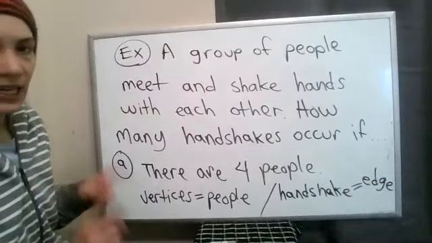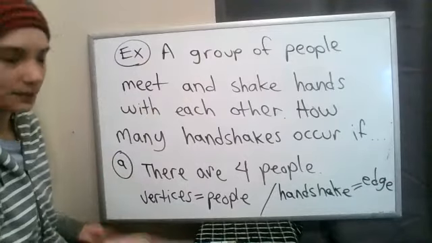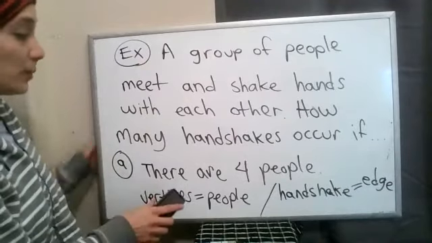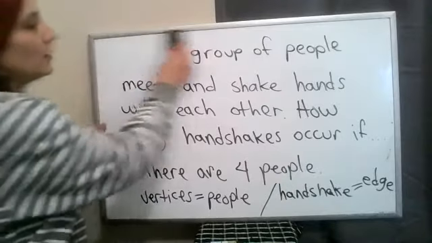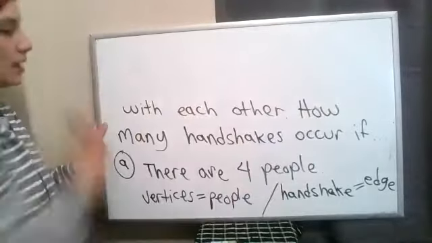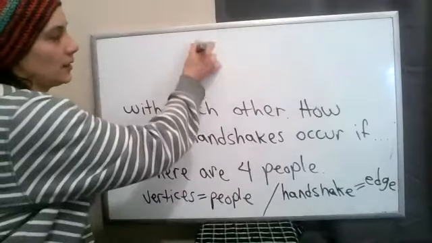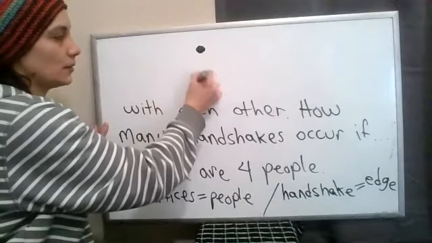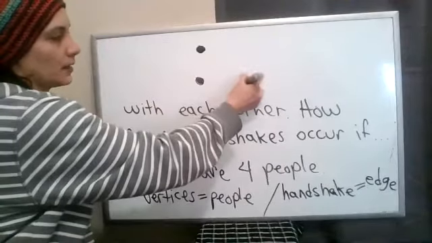Okay, so a handshake is an edge and a vertex is a person. And we have 4 people. So draw them kind of near each other like this.